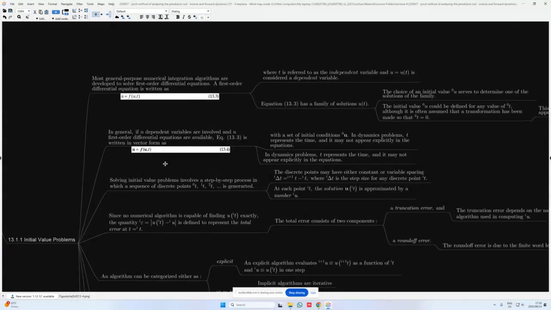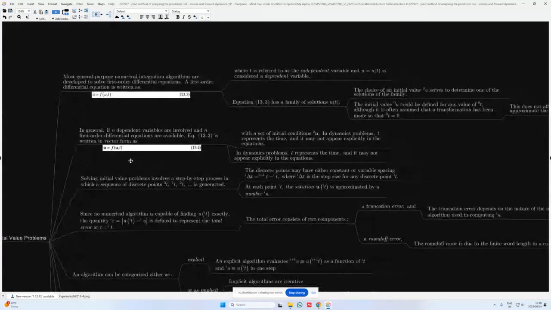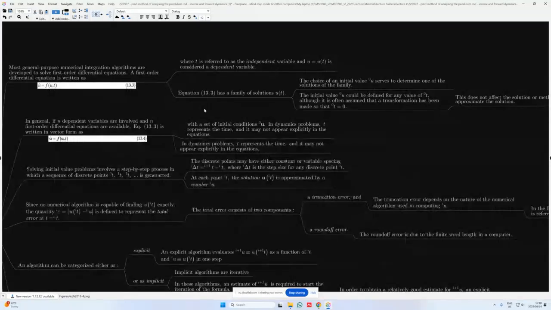In general, if independent variables are involved and n first-order differential equations are available, then equation 13.3 is simply written in its vector form. In this case, we have a bolded u dot, which is equal to f, the function, and u is then also a vector, while t is still a scalar independent variable that we consider. And now we have a set of initial conditions u naught.